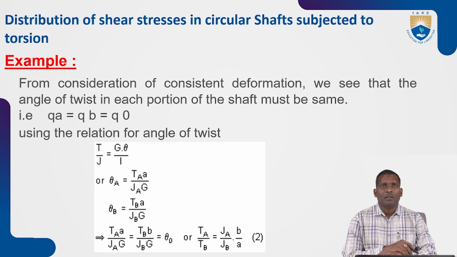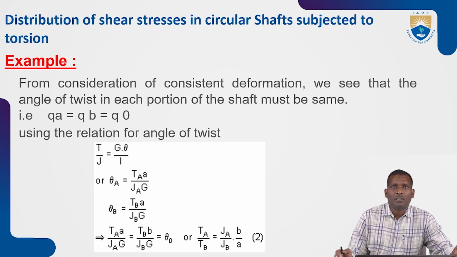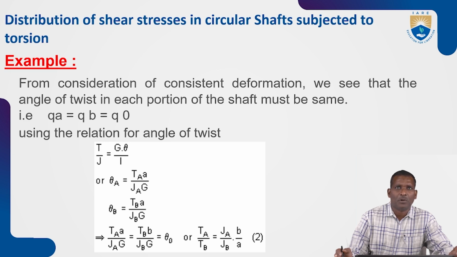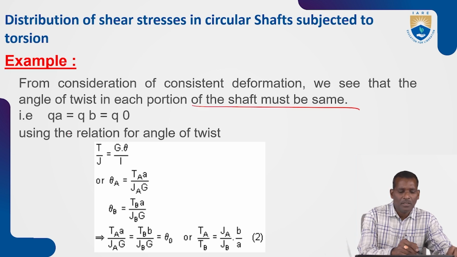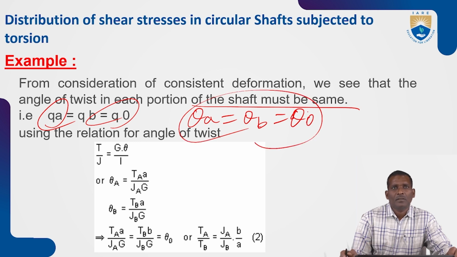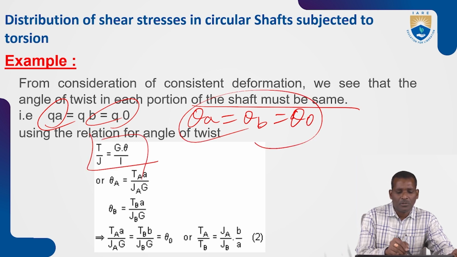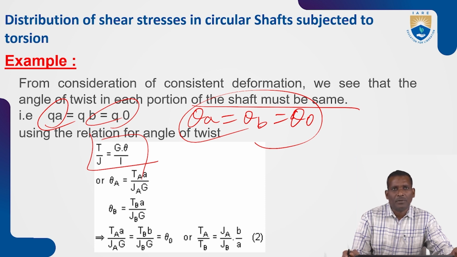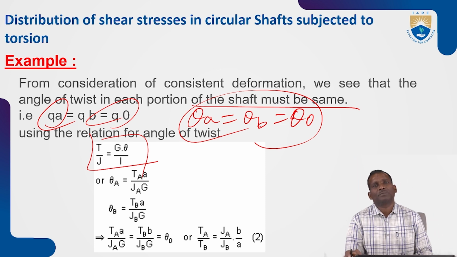From consideration of consistent deformation, we see that the angle of twist in each portion of the shaft must be the same. So the angle of twist, theta A is equal to theta B is equal to theta naught. Using the relation for angle of twist, T by J is equal to G theta by L, which we have already derived.